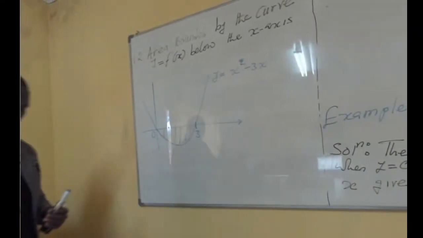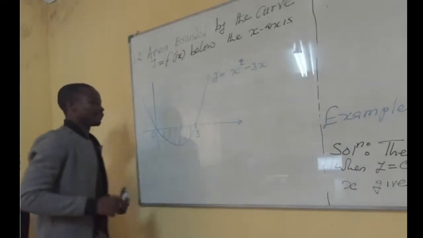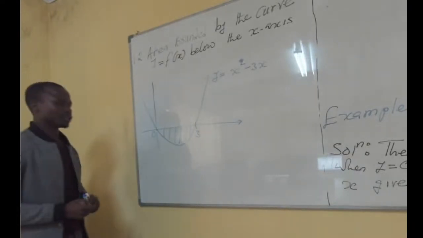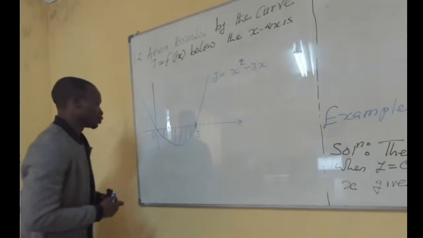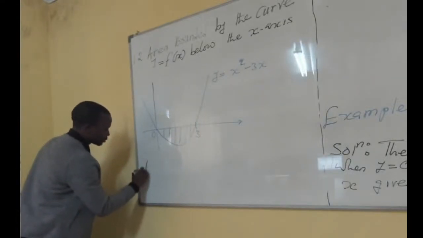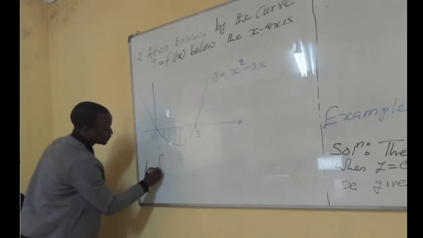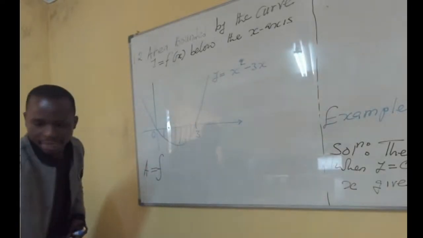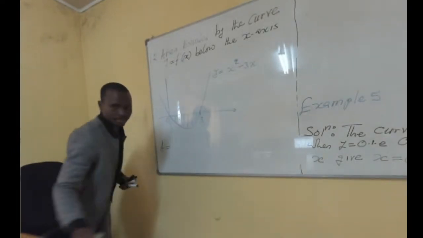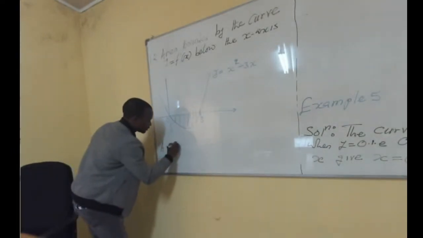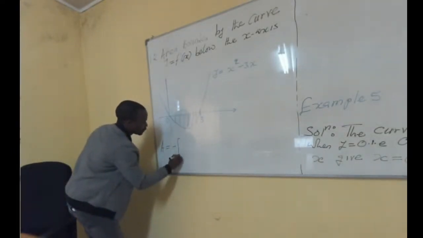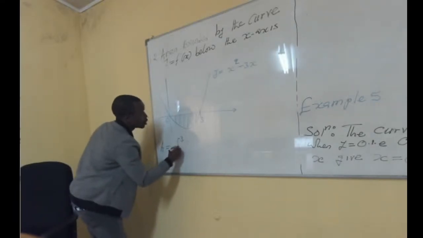Using the formula for the area of a region bounded by the curve, where the curve is below the shaded region, the area is the negative of the integral from 0 to 3 of f of x.